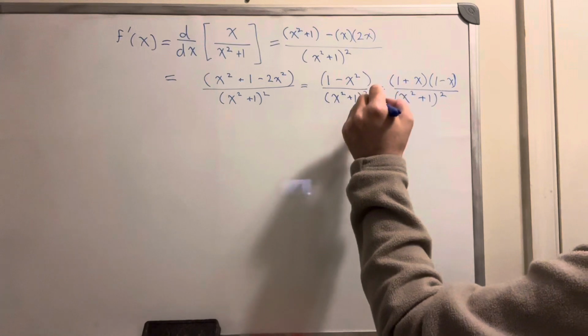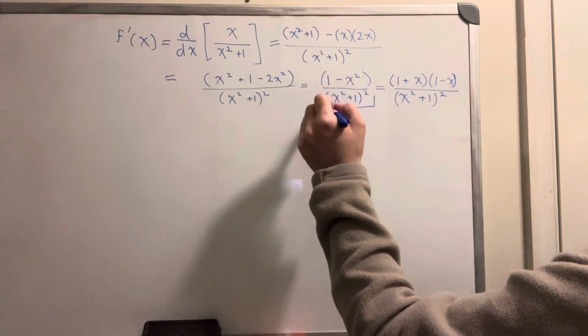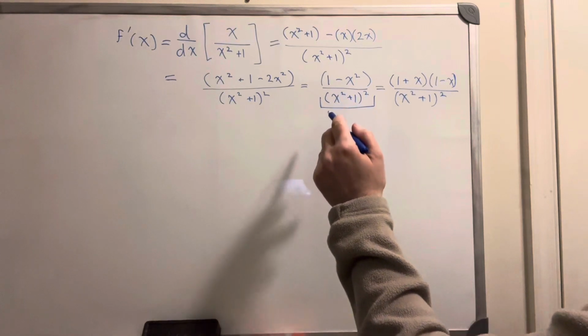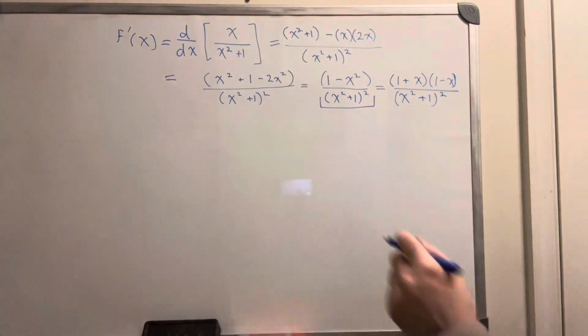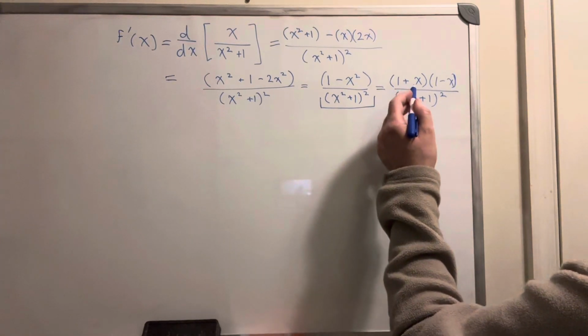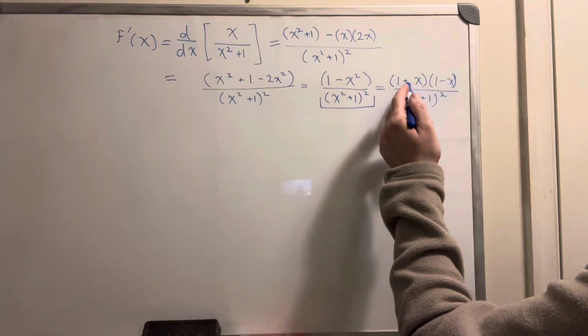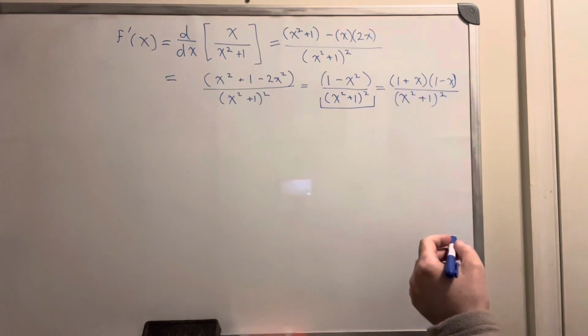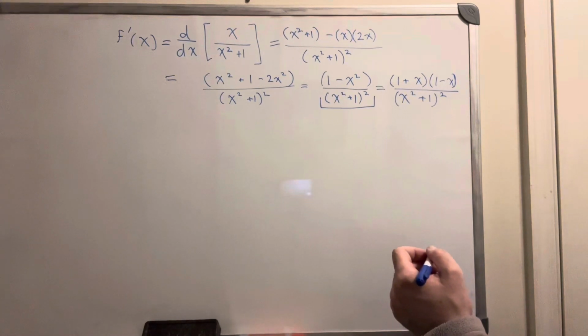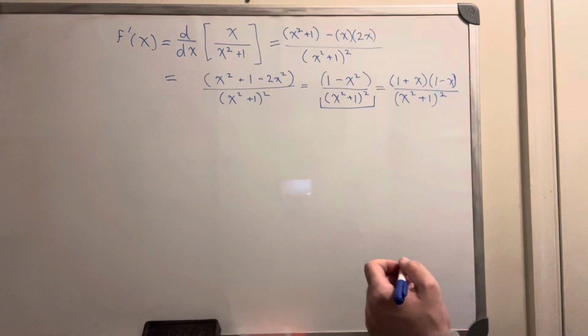We'll keep an eye on this one because this will be a little bit easier to work with when computing the second derivative. But at this point, we would like to find and remember the critical numbers. What are critical numbers? Remember, where the first derivative is equal to 0 or where the derivative is undefined, those are critical points.